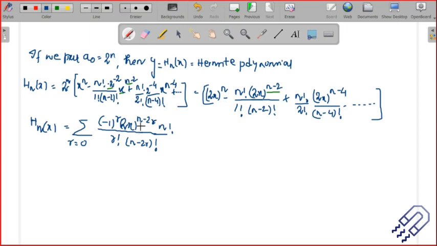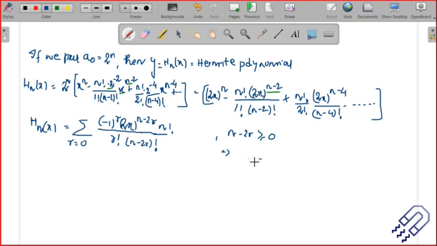Now you see, this power that we are talking about is always greater than or equal to 0, obviously, because we are talking about a series here. So n minus 2r should always be greater than or equal to 0, right? That's obvious. That means, taking it the other way, 2r has a minus before it, please note it.